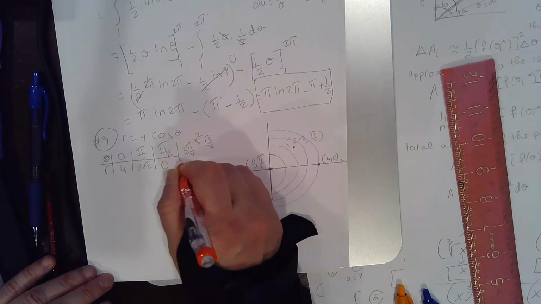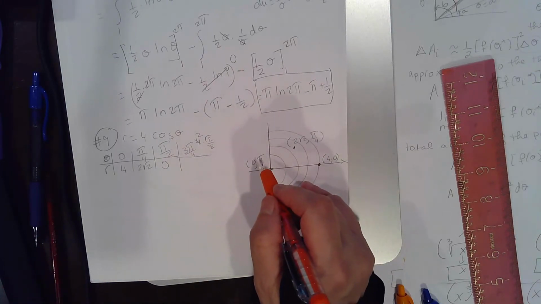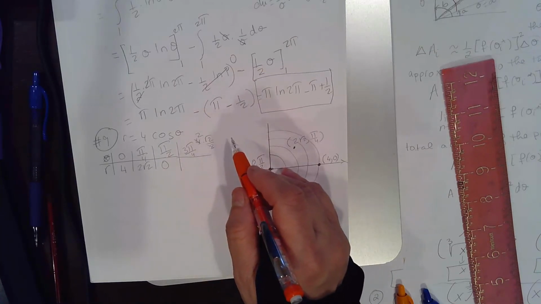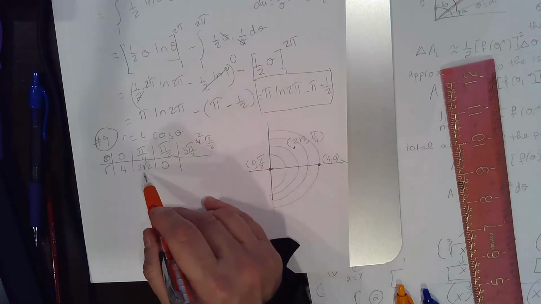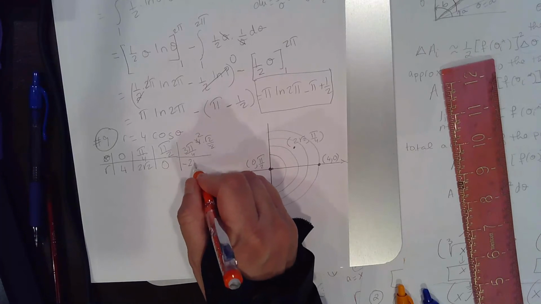Now if you remember, cosine 3 pi over 4 is negative in the second quadrant. So cosine 3 pi over 4 is the same as negative the cosine of pi over 4. So that's going to be the same as this, except it's going to be negative 2 square root of 2.